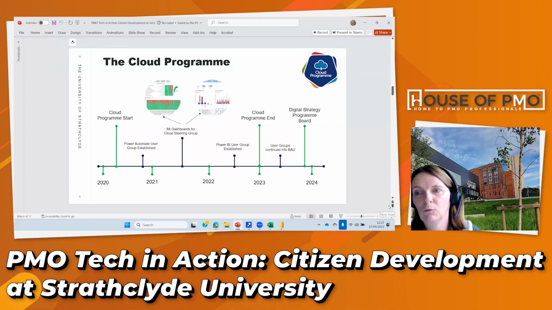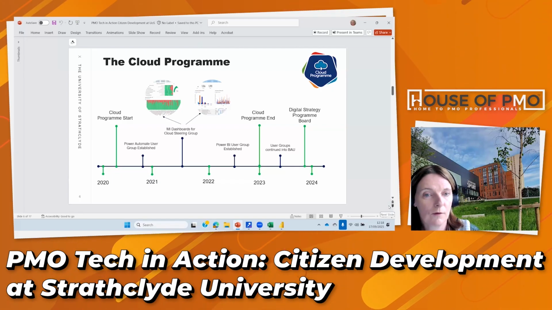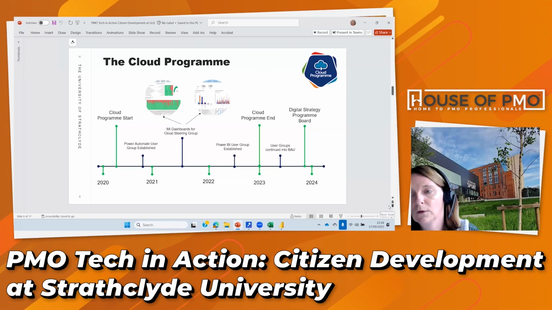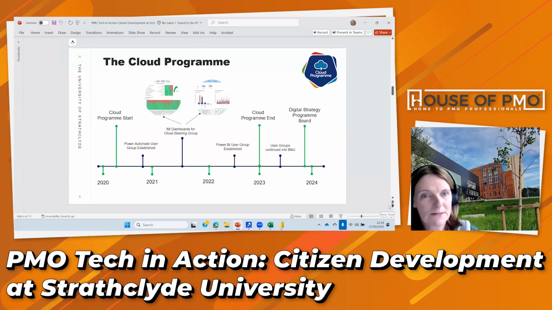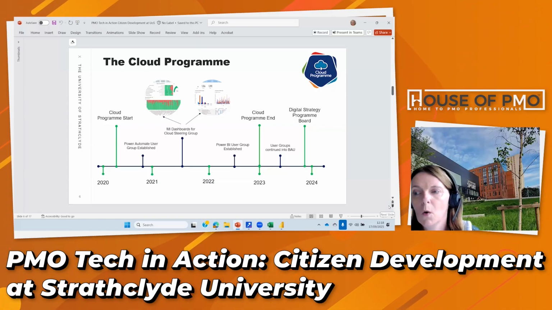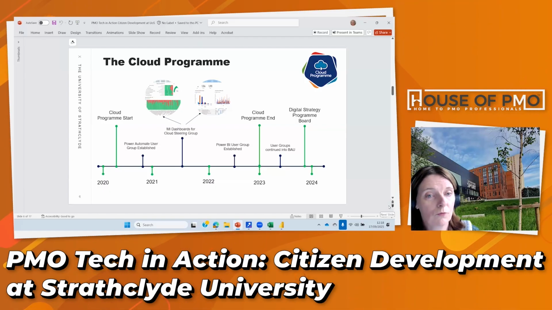But the real benefit of doing the cloud program was, as well as being able to put these technologies out in front of people, it gave us that proper grounding of the benefits framework. And by the end of the cloud program, we had established the technologies that we needed. We had continued to work with the user groups into business as usual.